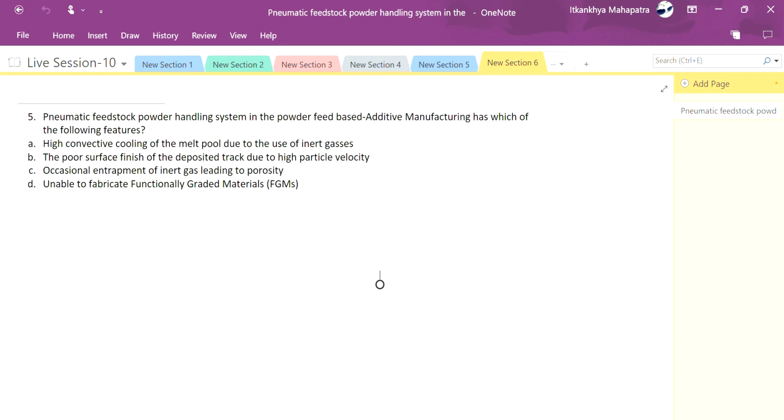For this, the correct options are options B, C, and D. Only the convective cooling of the melt pool due to use of inert gas is not for pneumatic feedstock powder handling system. Now we will discuss a little bit on pneumatic feedstock powder handling system.